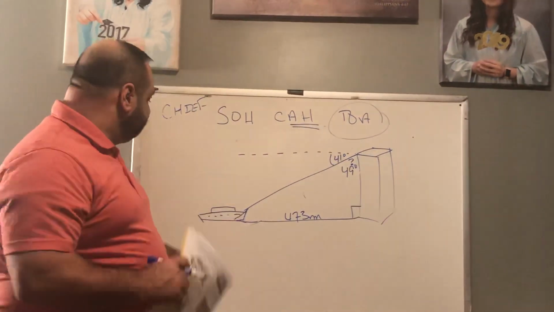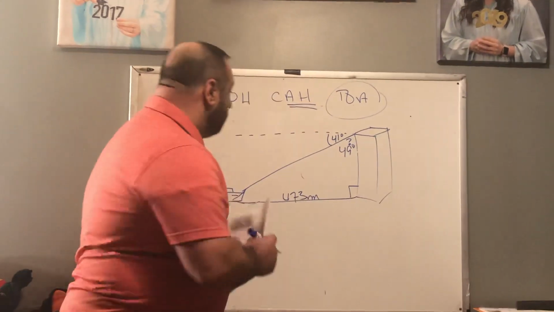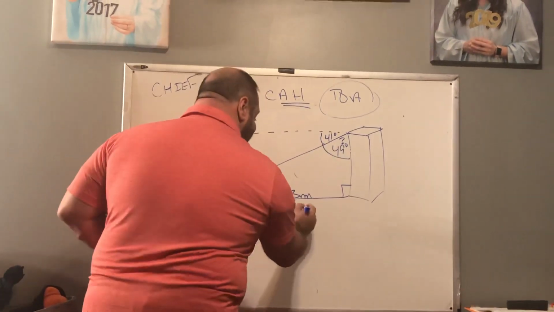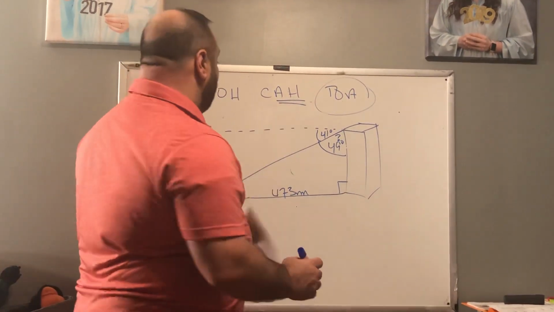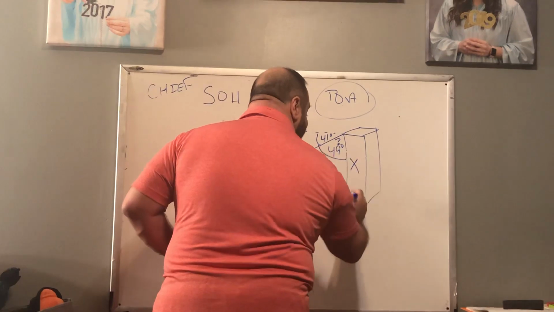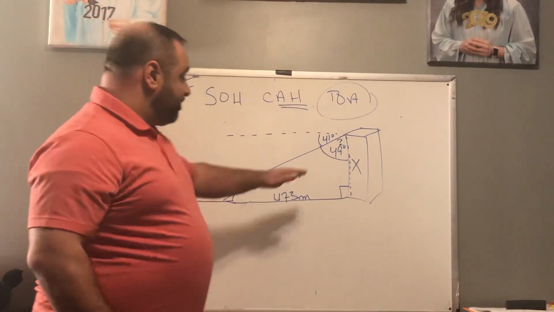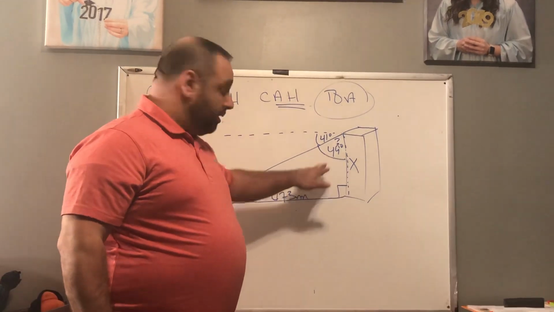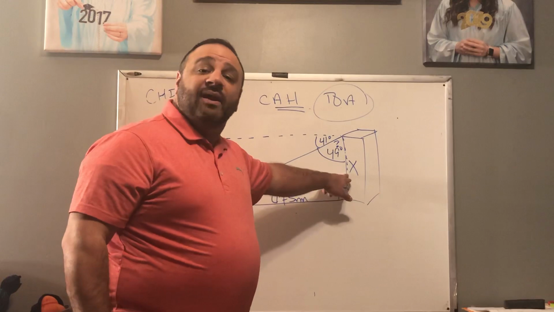Now, let's look at what's given to us. Here's our angle. We have this side here. We want to find out how high the World Trade Center is. If this is the angle, this is the side opposite, and this would be the side adjacent.